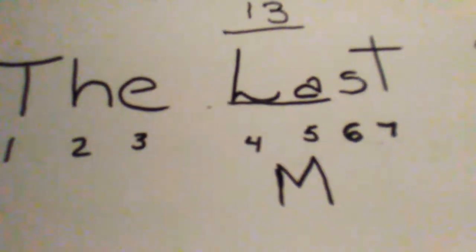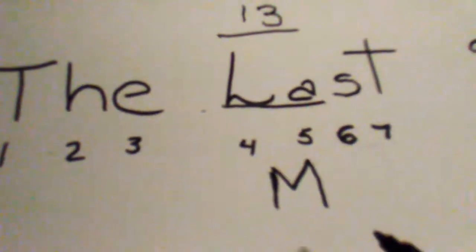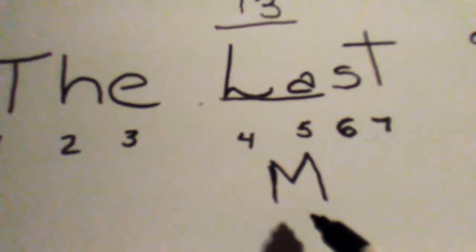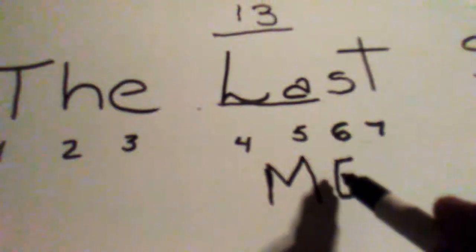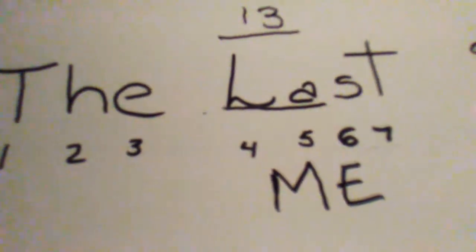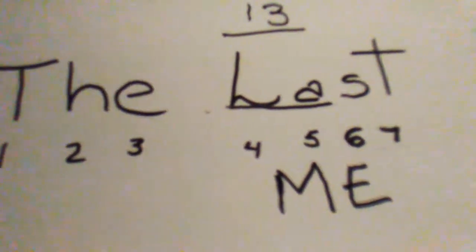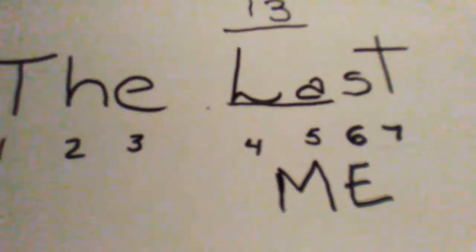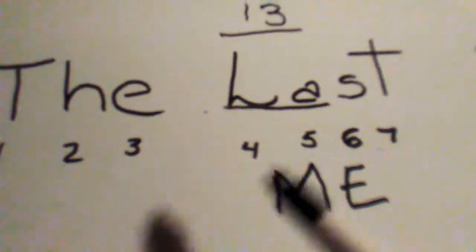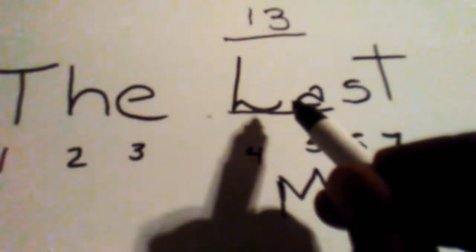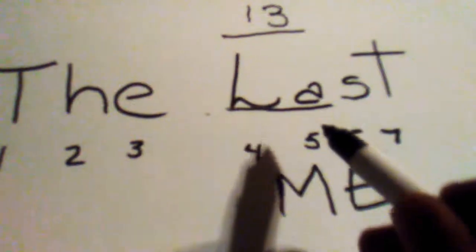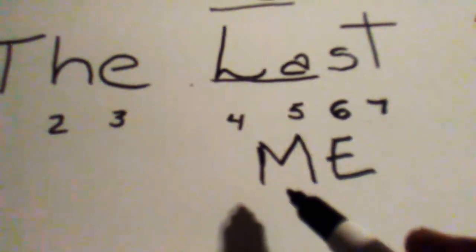And the energy that makes LA me is that as above, so below, as right is left, and left is right. So you have 13 here, and you have E right next to the M, which says me.